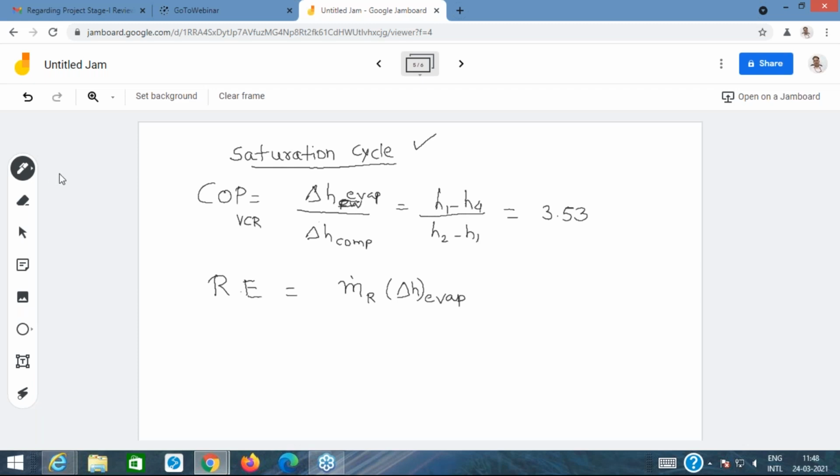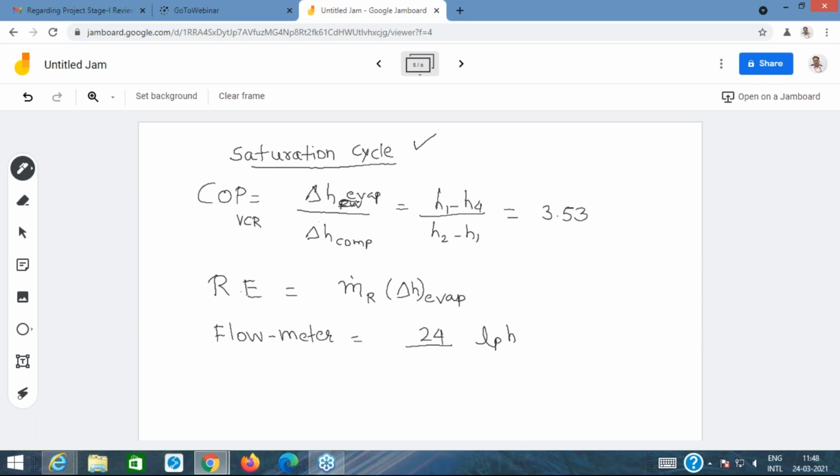Now, how do you find the mass flow rate? That is very interesting. For finding the mass flow rate, we need to use the flow meter reading. The flow meter gives us the readings in LPH.